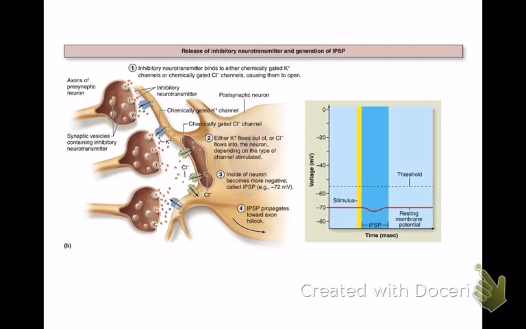And it's just the sum total of all that that determines whether it hits threshold or not. What happens when it hits threshold? That's the trigger that opens the first voltage gates that starts the action potential propagating. Threshold is a phenomenon associated with the axon hillock. That's the only place that threshold matters.